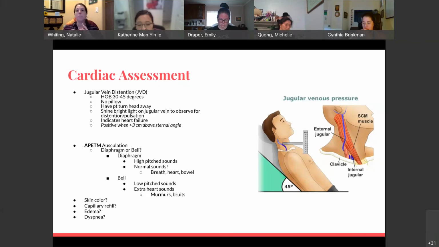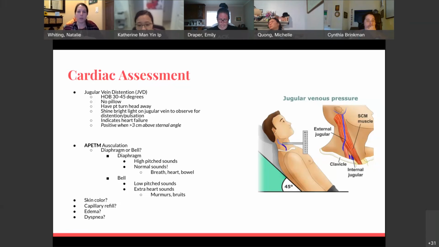We use the bell when we're listening for abnormal things, whether that might be bruits or heart murmurs. These are going to be lower pitch sounds. So the bell really fine tunes and lets you listen acutely. So it's for extra heart sounds, murmurs, or bruits.